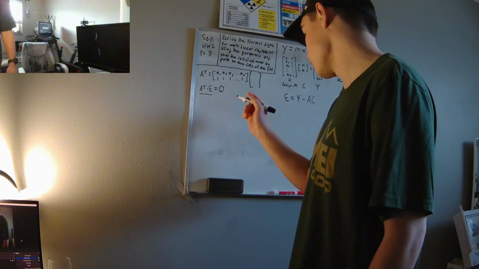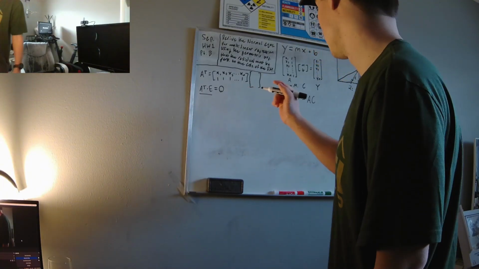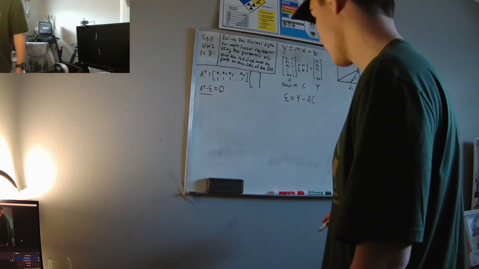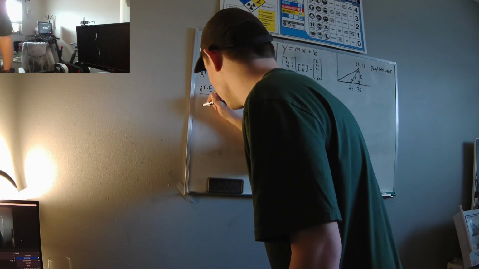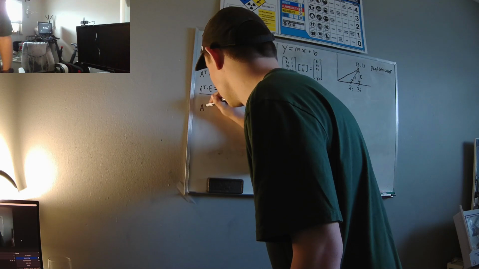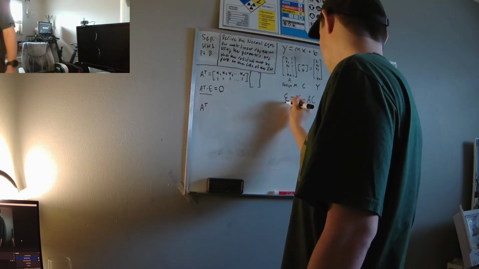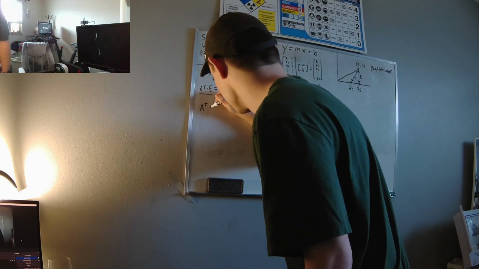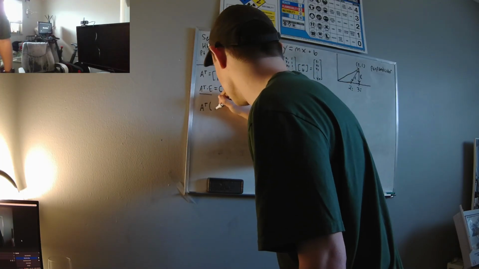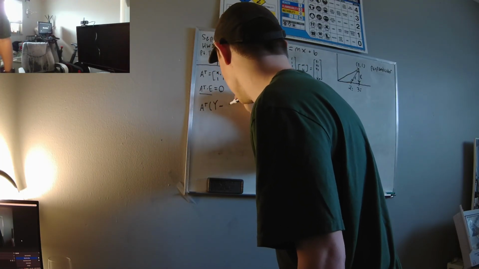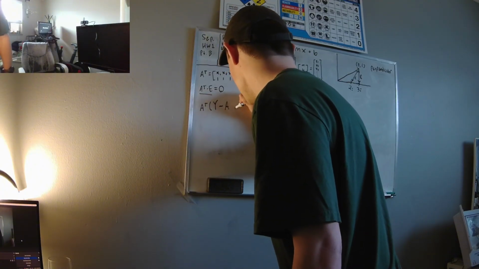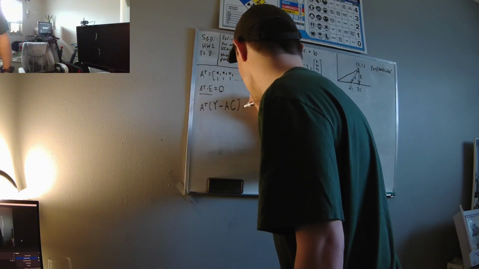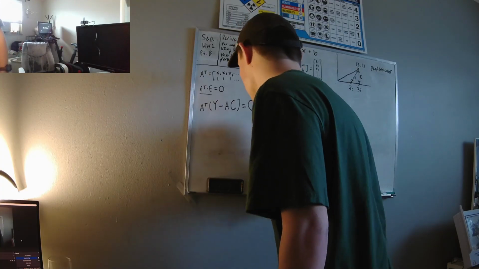Now this is extremely helpful when it comes to finding our normal equations, because now we can substitute for E the equation we found over here. We can say that A transpose times (Y minus our design matrix A times our constants) equals 0.